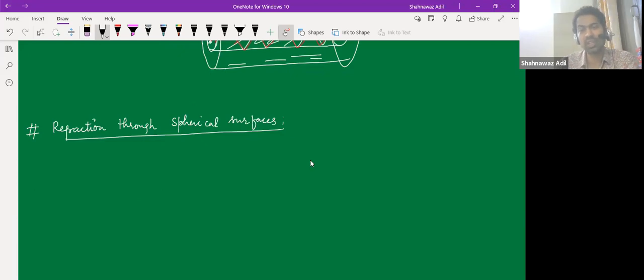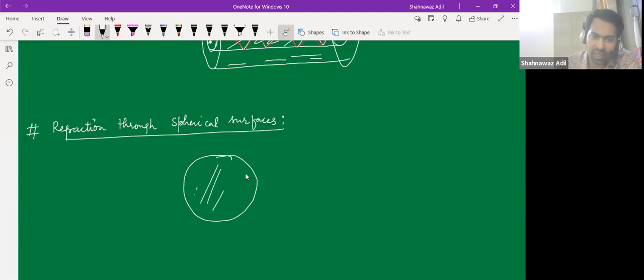This is a very important terminology to understand. Let's say this is a sphere, right? This is a sphere, and this part is called the concave part, right? And this part is called the convex part.